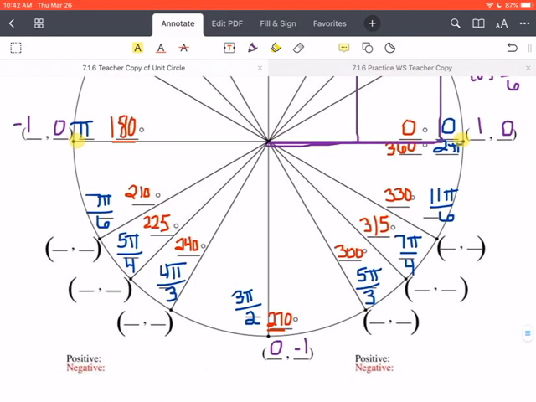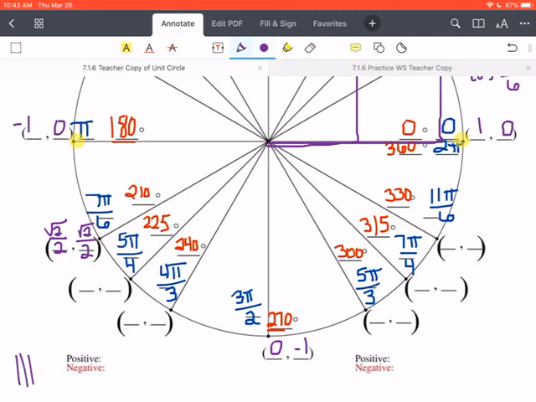Let's go ahead and do our 45 degrees because we're on that kick right now. So if we look at 5 pi over 4, the middle line always relates to your 45 degree angles. So we have root 2 over 2, root 2 over 2. But what do we know about the third quadrant? The third quadrant has both the cosine and the sine as negative.